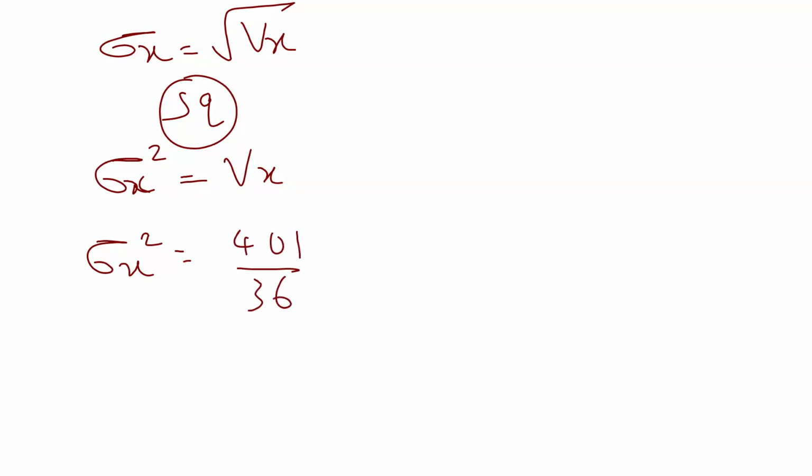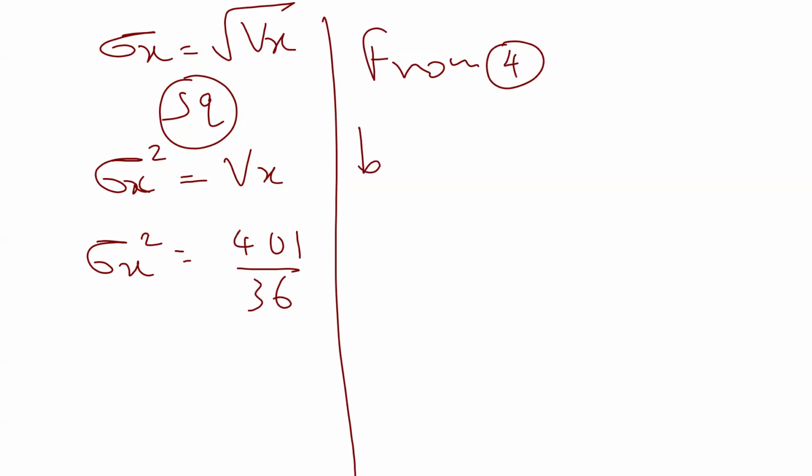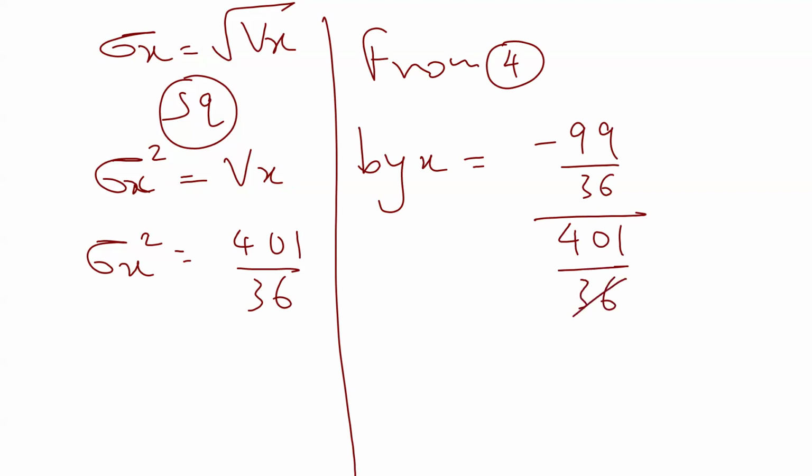Now from equation number 4, first we are going to calculate the value of byx. Byx is equal to covariance of xy, that is minus 99 upon 36, upon standard deviation of x square, 401 upon 36. Cancel this out: minus 99 upon 401. So that's how we get the value of Byx.